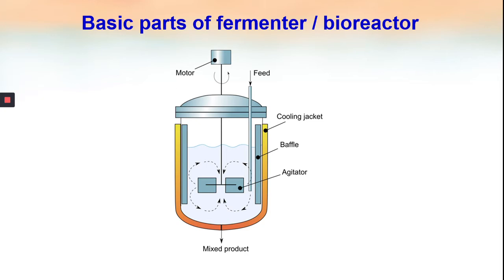Meanwhile, the feed area is the place where you insert or add fresh medium, or add any pH buffer to adjust the parameters of the medium. Besides that, the cooling jacket and baffle act as a controller to ensure the temperature inside the tank is at the optimum temperature.